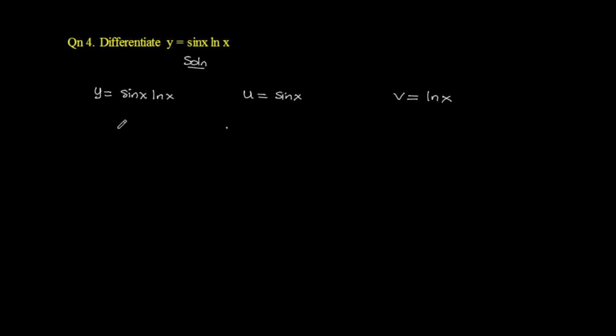So we can go ahead and differentiate u with respect to x, and we obtain the derivative of sine x is cos x. We also do the same to v, where we differentiate v with respect to x, and the derivative of ln x is 1 over x.